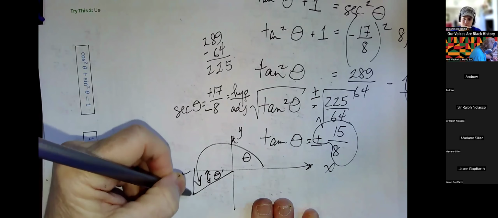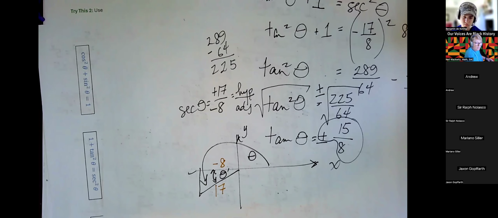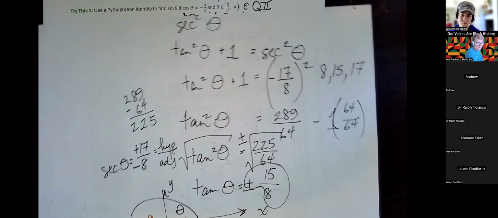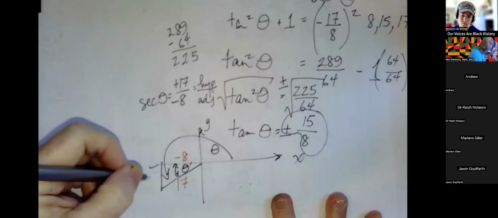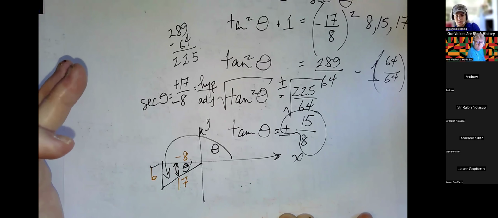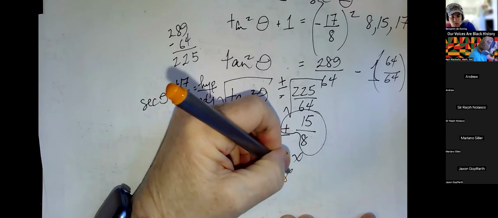Okay, let's see. Adjacent side. So this is -8. The hypotenuse is 17. And let's pretend we didn't just discover that this is a Pythagorean triple. All we would do to find b is 8 squared plus b squared is equal to 17 squared.